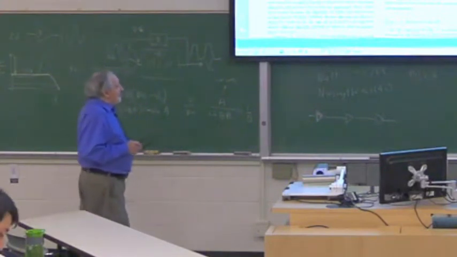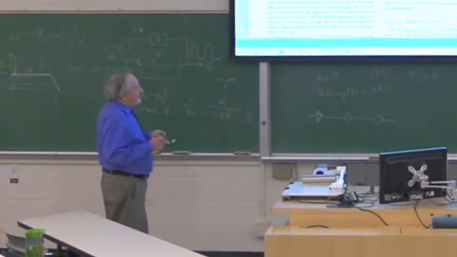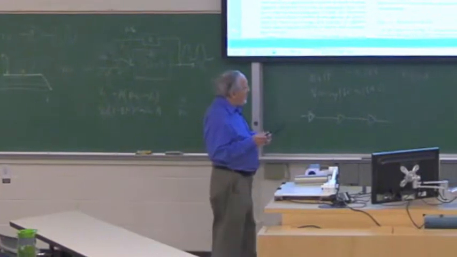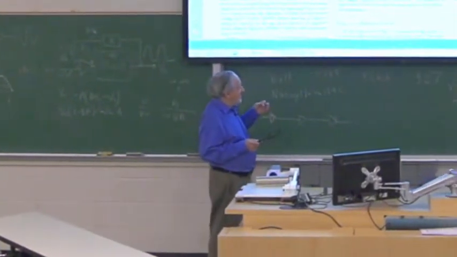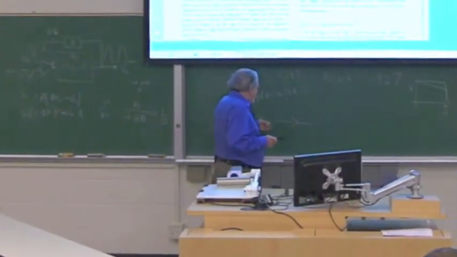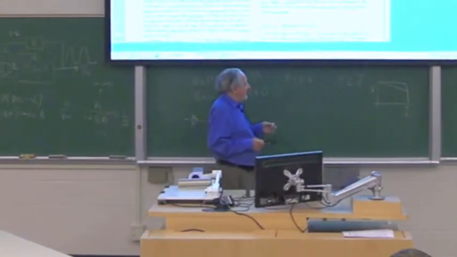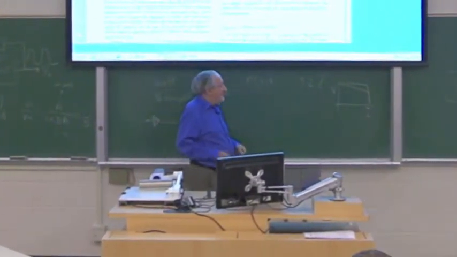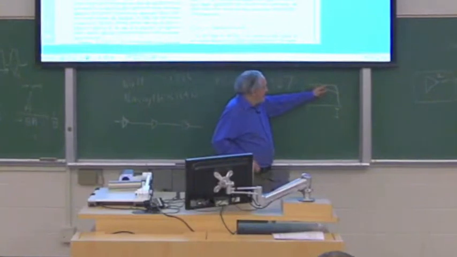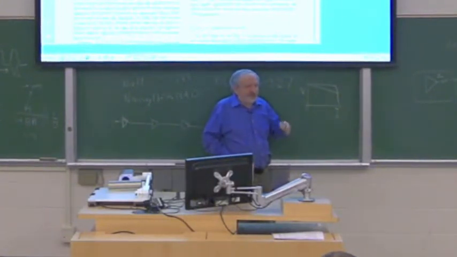Good. So Black understood that with feedback, A, the gain will be constant, B, the distortion will go down, and C, the output impedance will appear to be 0 or near 0.